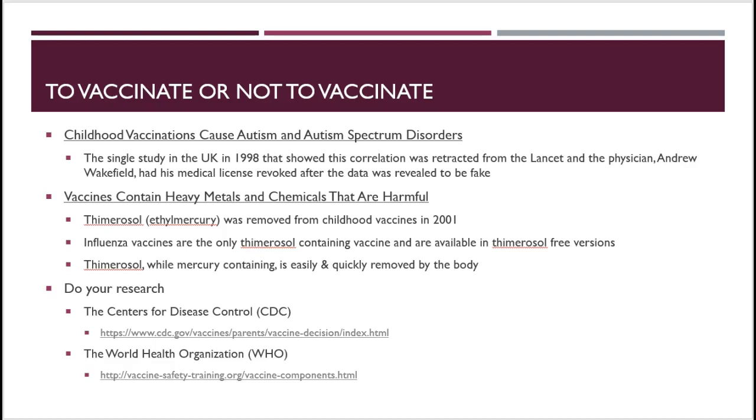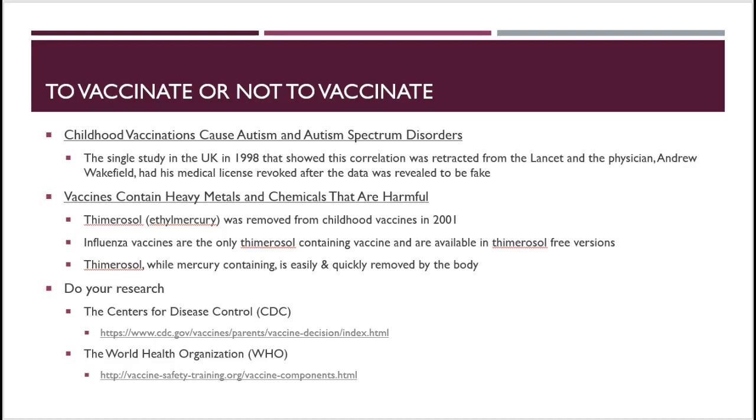It was removed from all childhood vaccines in 2001. Influenza vaccines are the only vaccines that contain this chemical today, and you can also find this vaccine in thimerosal-free versions.